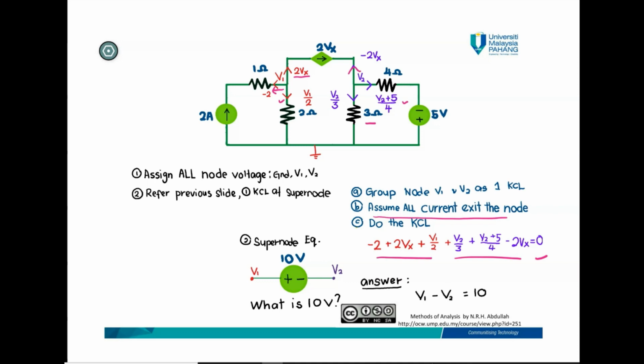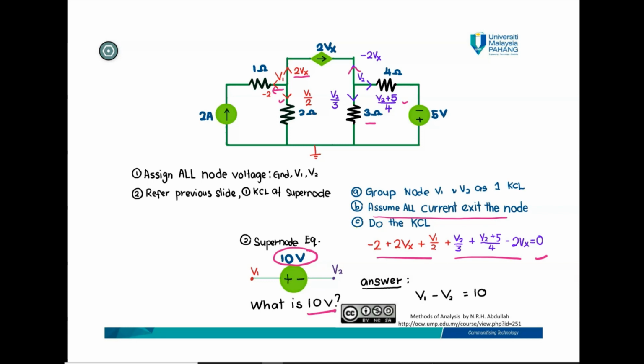And then for the supernode equation, you have to remember that if the circuit consists of a supernode, there will be a KCL at the supernode and also the supernode equation. For the supernode equation, what is 10 volt? Here is the 10 volt of the supernode. So what is 10 volt?